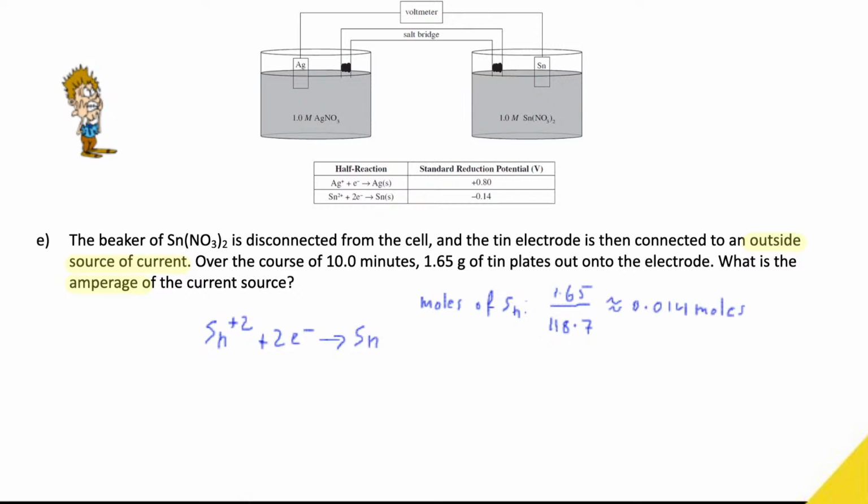Now looking at the stoichiometric ratio, if I know the moles of tin, I know how many moles of electrons I have. And because this is in a 1:2 ratio, moles of electrons is equal to twice the 0.014, which is 0.028 moles of electrons.